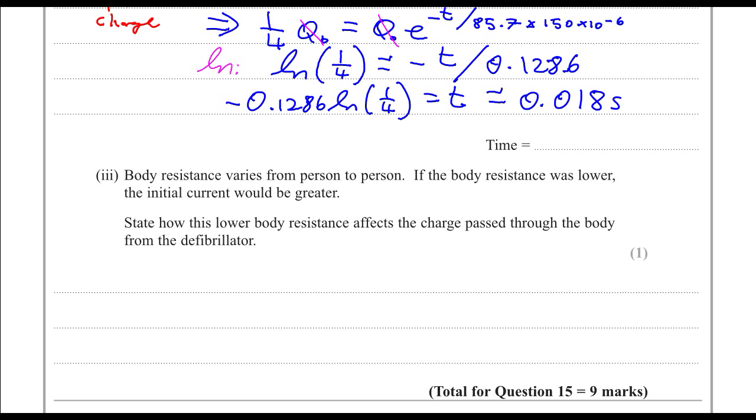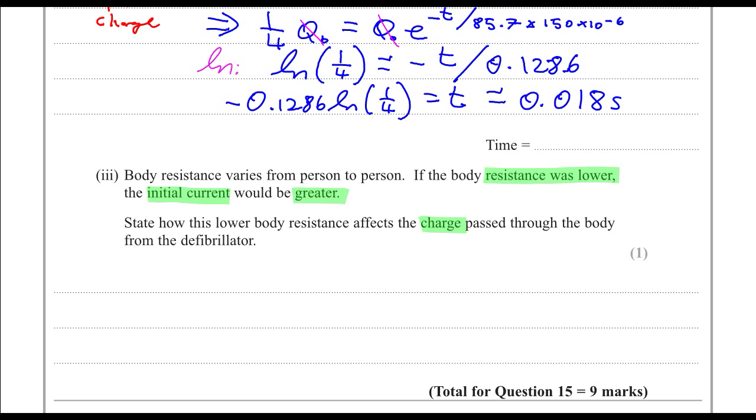So we are told that we have lower resistance, and this causes an initial current which is greater. How will this affect the charge?